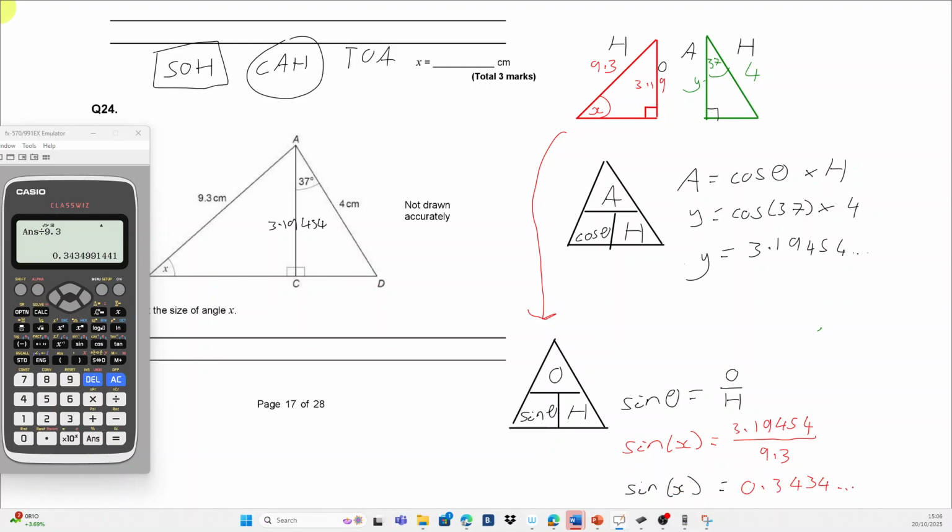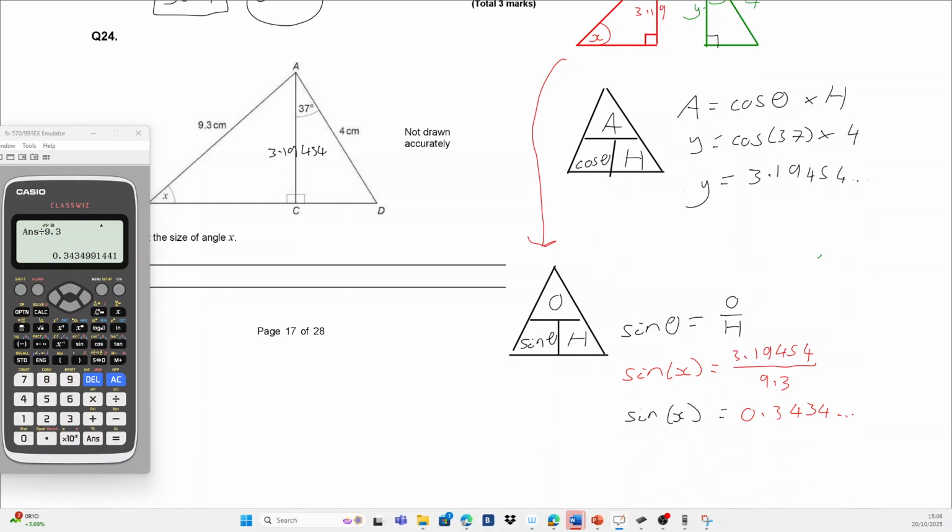To find x, I'm going to do the inverse. So to find x here, I do the sine inverse. Whenever you're trying to find an angle, you do the inverse of that trig function, and then you put in 0.3434. Putting it into my calculator, you press shift and then sine, and then your number, 0.3434.